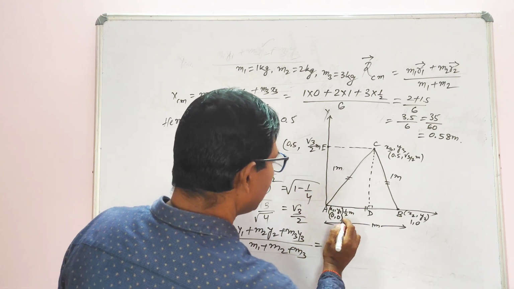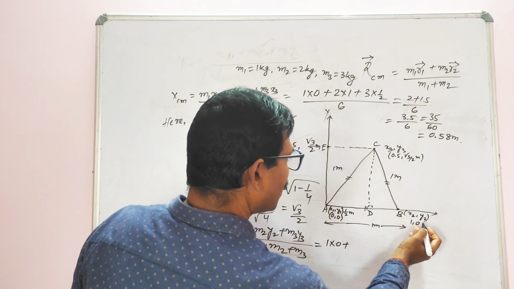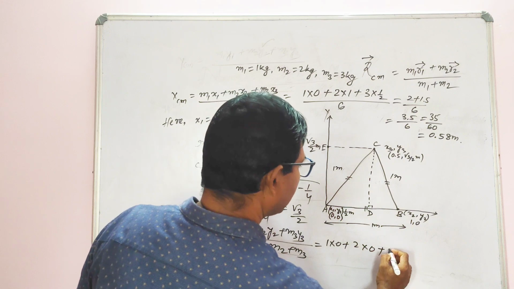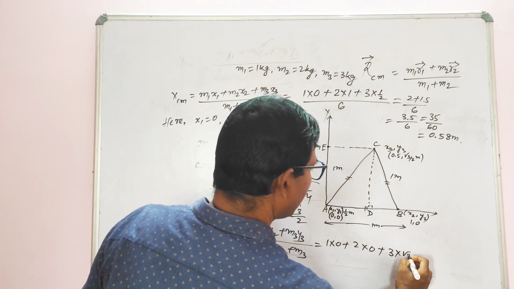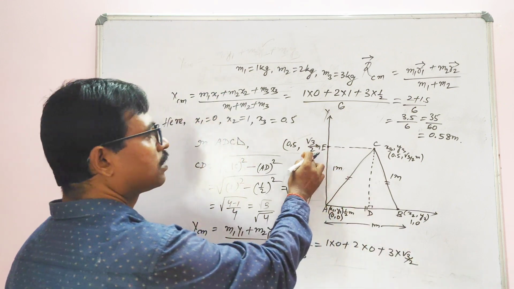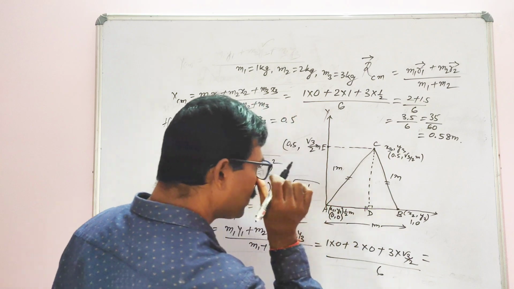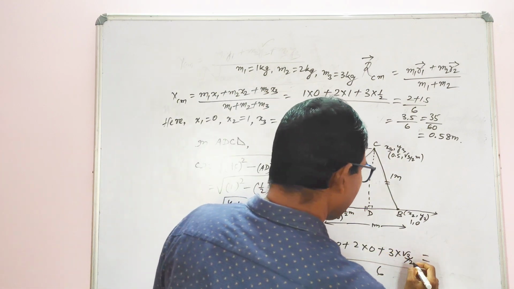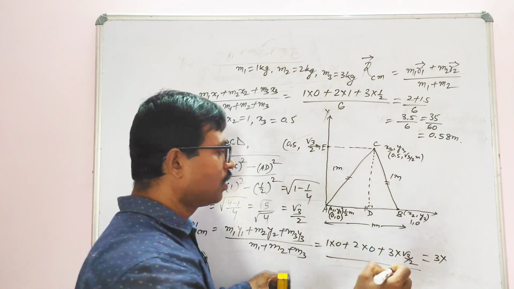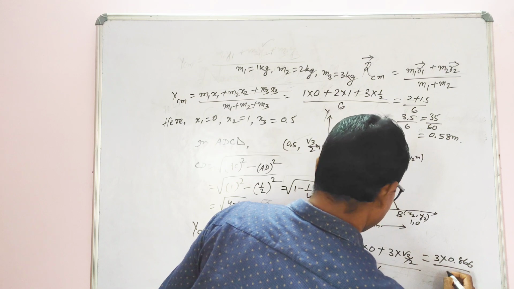Similarly, put the value here: y1 is 0, 1 into 0 plus y2, 2 into 0 plus M3, 3 into root 3 by 2. This is important, 3 into root 3 by 2, that is y3. Then divided by 6. So what are we getting? 3 root 3 by 2. Root 3 is 1.732, 3 into 1.732 divided by 2, so you take 2.598 divided by 6.